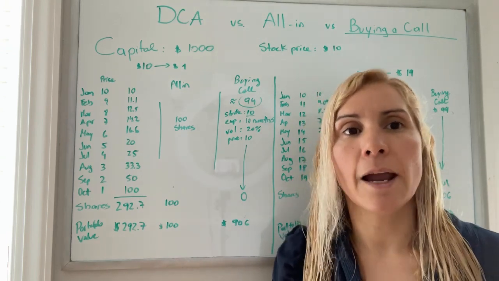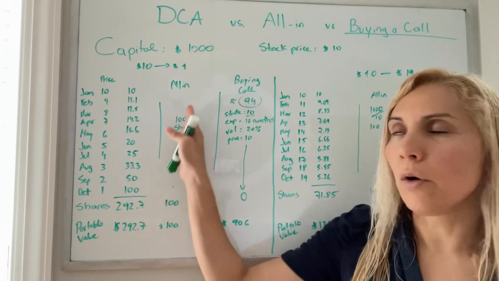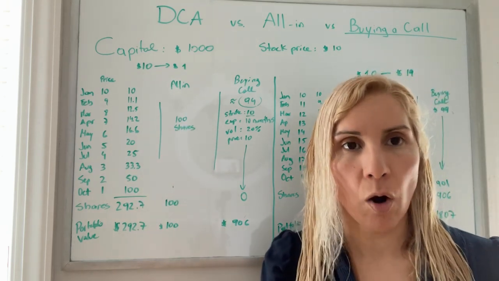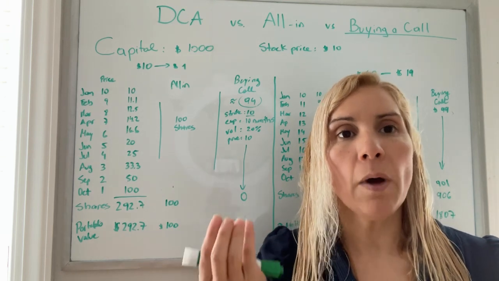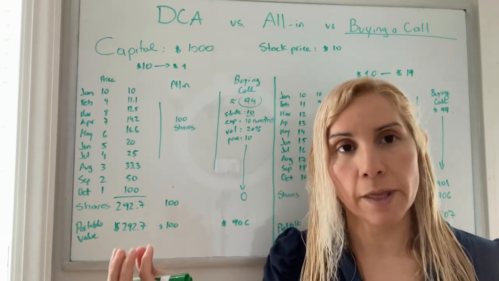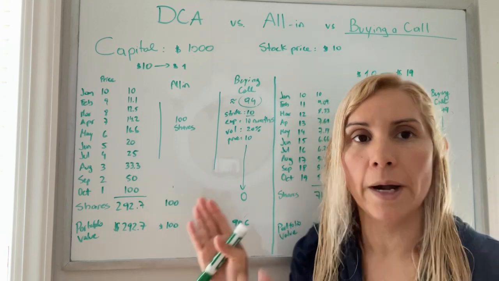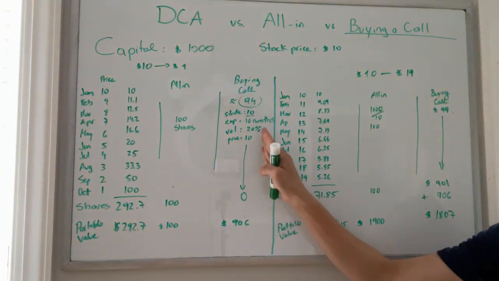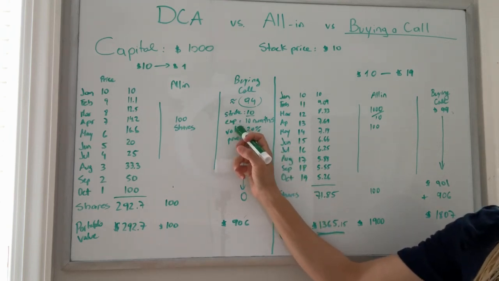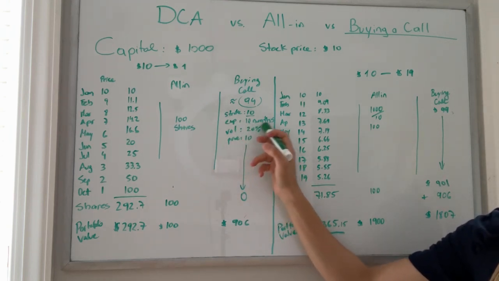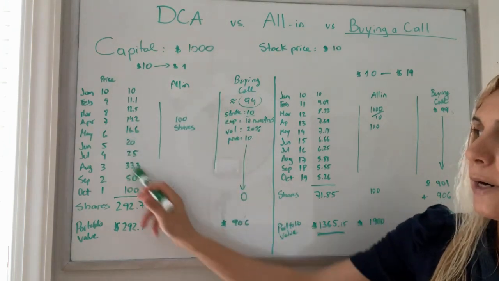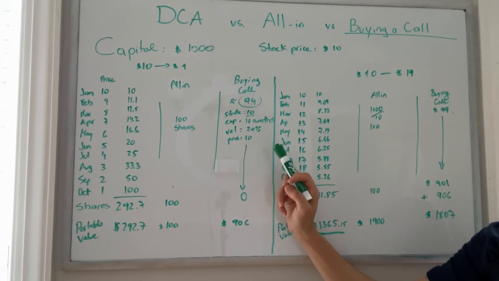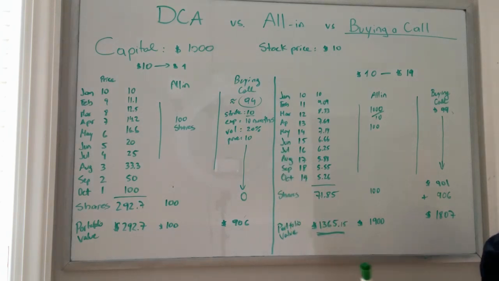Now, let's say instead of doing the DCA route or the all-in route, we instead purchase a call. That means we bought a call option, and for this example, we're going to be comparing exactly the same situation. That means that we're going to be buying a call that is going to be expiring in approximately 10 months because we want to cover the same amount of time. That call is going to be at the money.